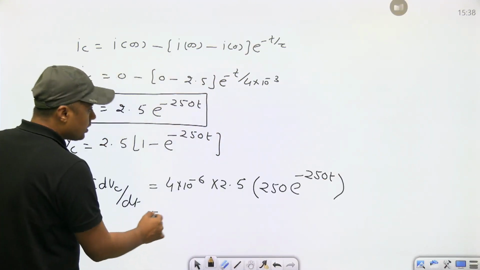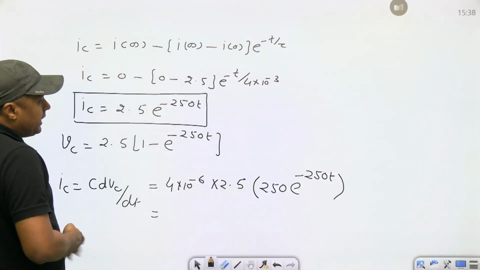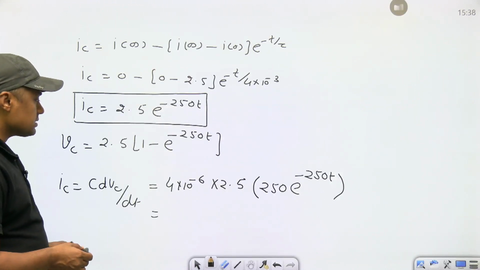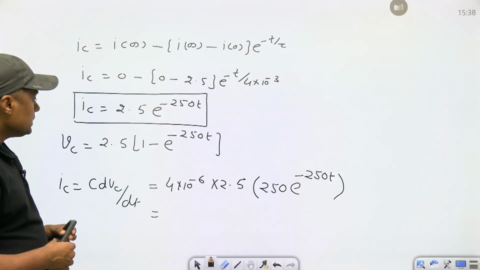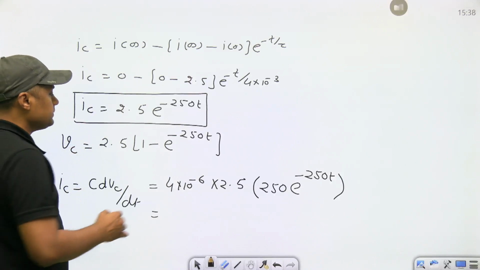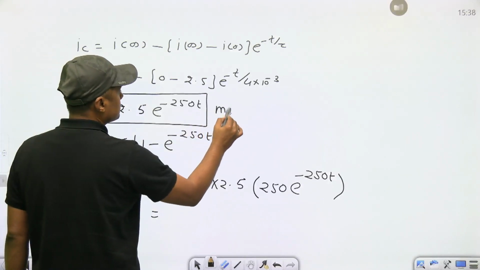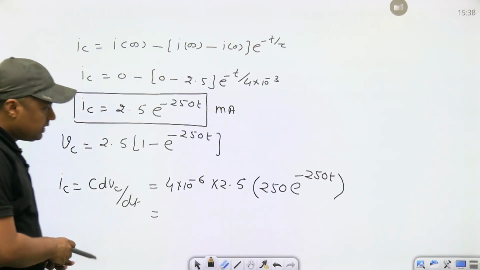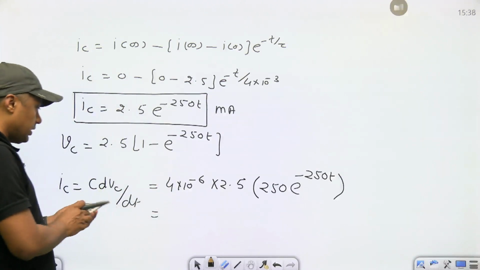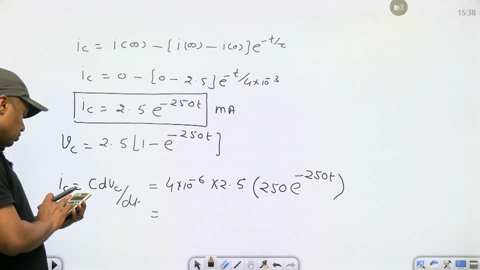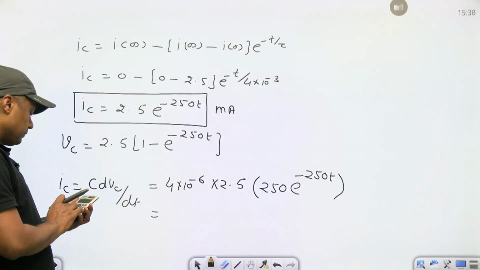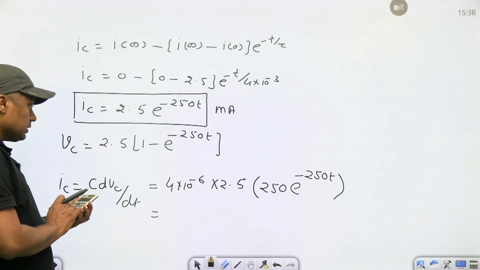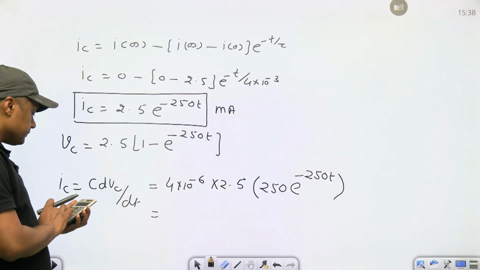Now watch this. Again, when we are solving this, this is in milliampere, remember. When we are differentiating, this is multiplied here. Please watch multiplication here. 2.5 into 4, then into 250.